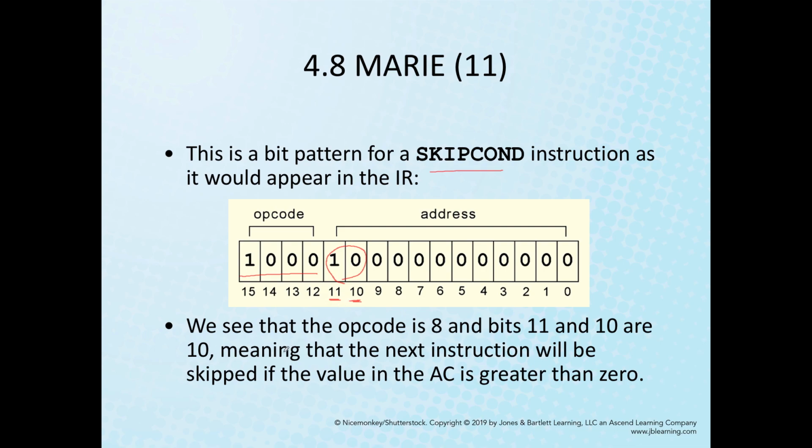At this moment, 10 is there. The meaning of 10 is that the next instruction will be skipped if the value in the accumulator is greater than 0. So this specifies whether to skip the next instruction or not based on the value of the accumulator.